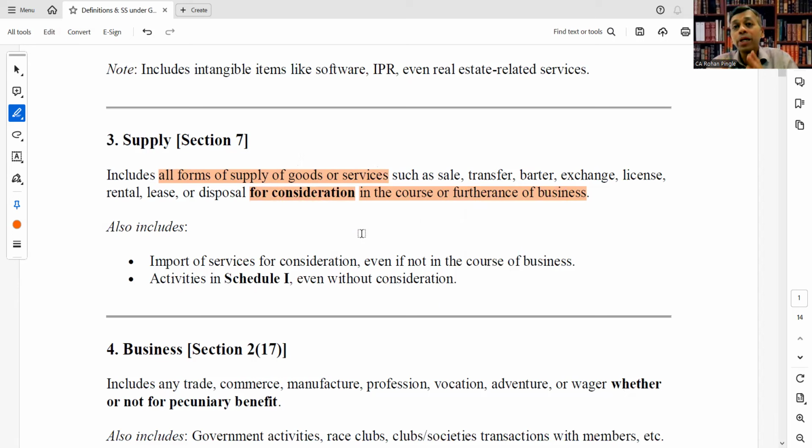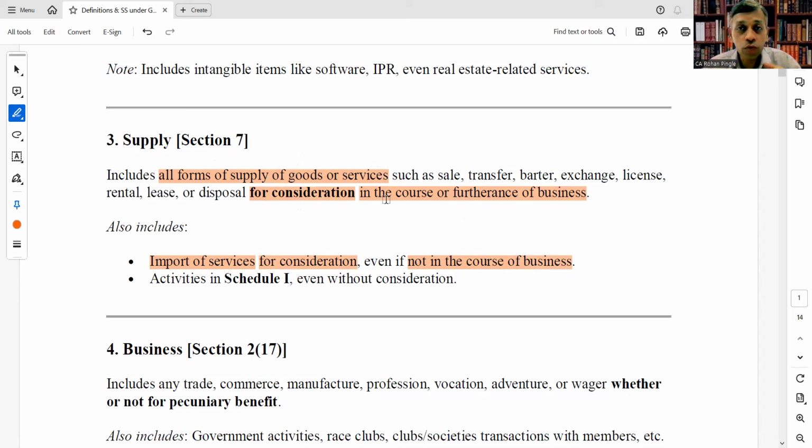Here, personal import is also covered and liable to GST. That is very important: import of services for consideration, even if not in the course of the business. Other than that, supply should be in the course or furtherance of the business.